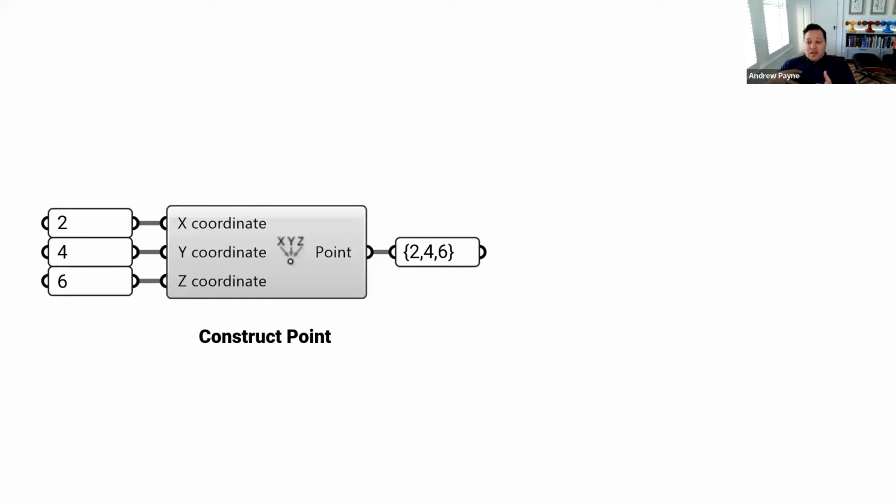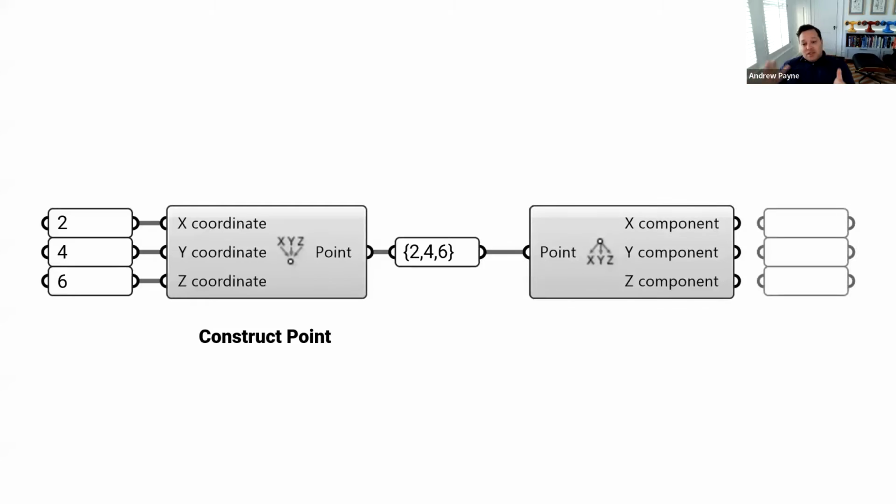One thing we needed to know when we started developing this was that there was an existing pattern of a constructor/deconstructor method. What I mean by that is, let's take, for example, a point object. We have a point, and from a constructor standpoint, it has 3 inputs, and then it constructs a point, which we can return as an output.